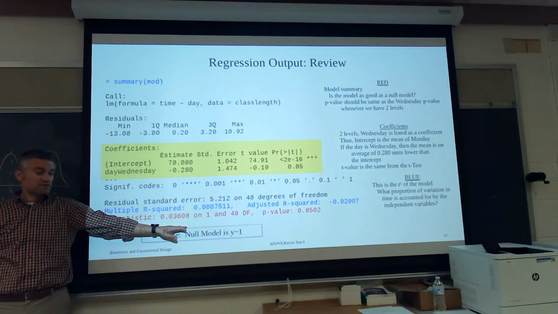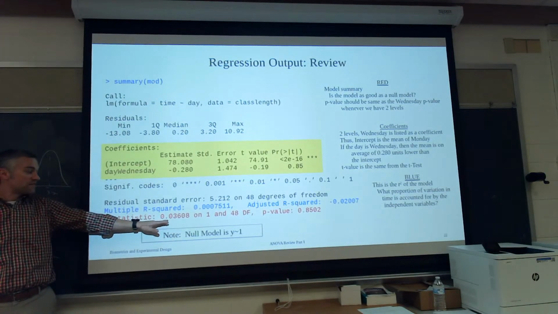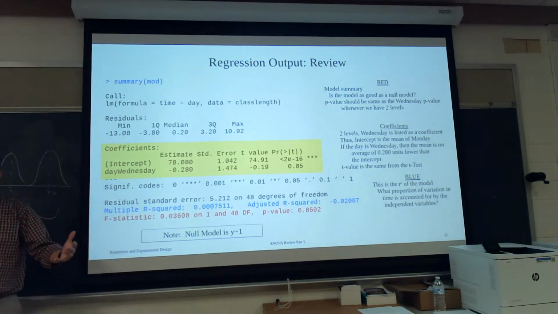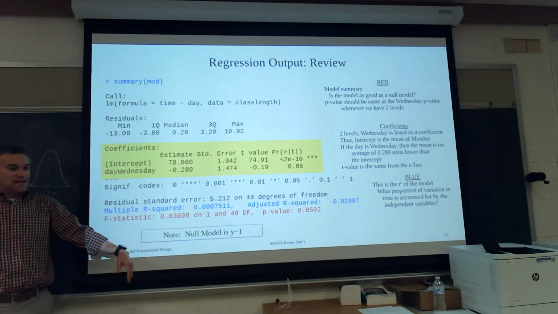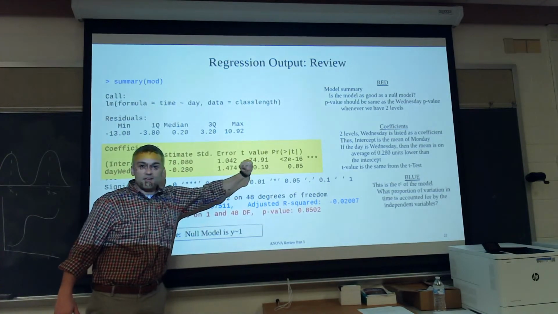All right. So for a simple ANOVA, this matches. We've got our F statistic, 0.03608 on 1 and 48 degrees of freedom gives us the p-value. Incidentally, since this is a two-sample ANOVA, that p-value is the exact same p-value up there.